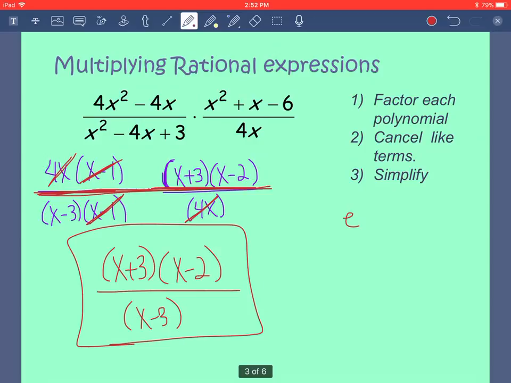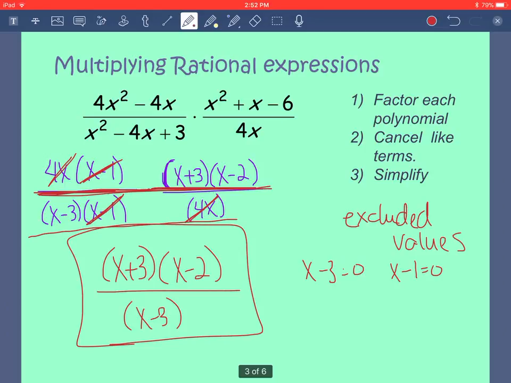Now, when you're talking about excluded values, you have to use all of your denominators. So I would do x minus 3 equals 0, x minus 1 equals 0, and 4x equals 0. So you have to use all three. So here I would add 3.